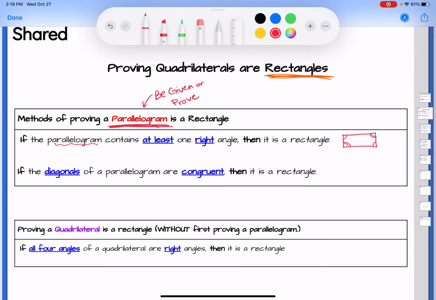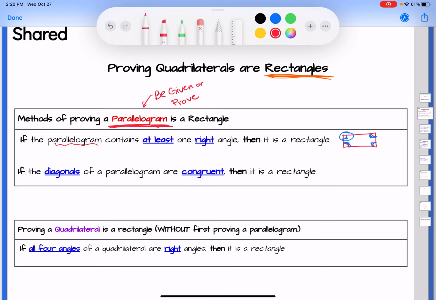Those are the properties of a parallelogram. If one of these angles is a right angle, then the one across from it is also a right angle. And since consecutive angles are supplementary, a right angle plus another angle must add up to 180, so all of them will be right angles with just knowing one. So if I have a parallelogram and one right angle, then I must have a rectangle.